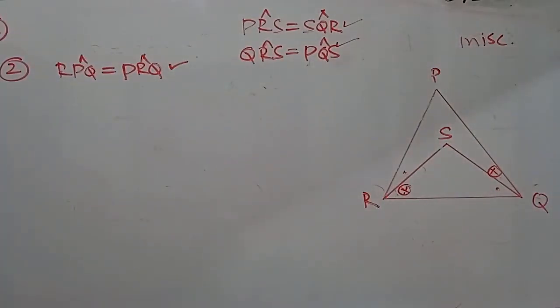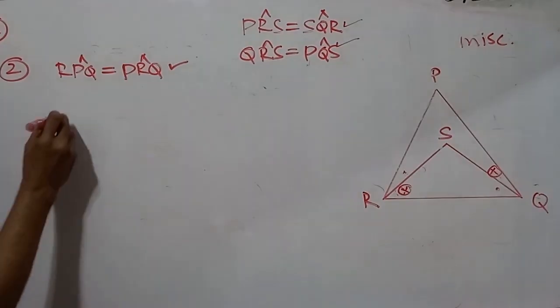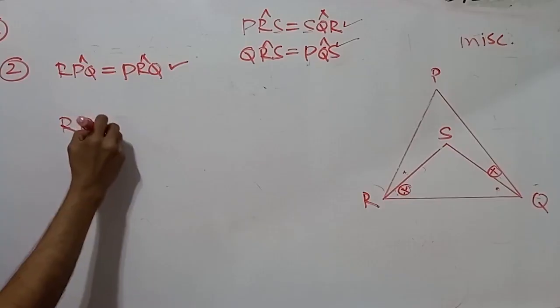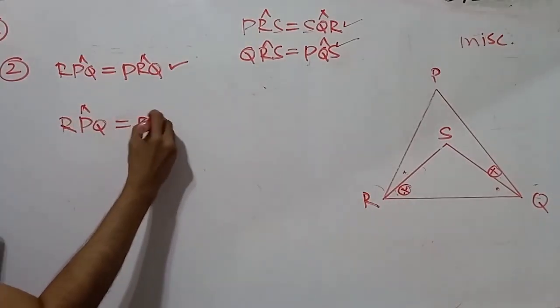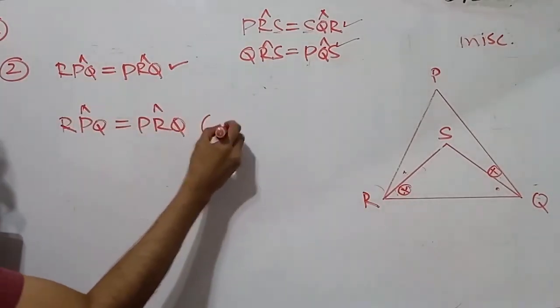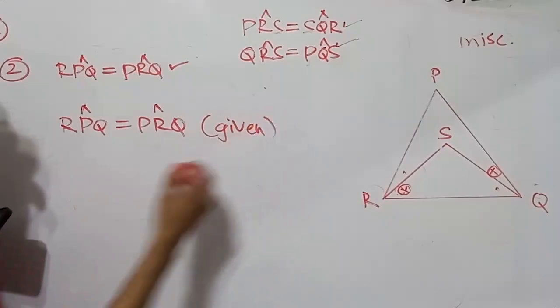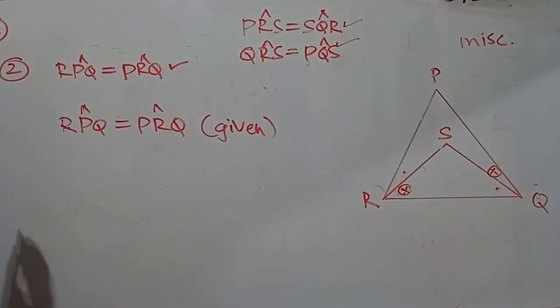Easy, no? Then all the angles of the triangle PQR are equal in magnitude. Simple, no? So RPQ is equal to PRQ. So this is given. Then in the first part of this question, what did we prove?